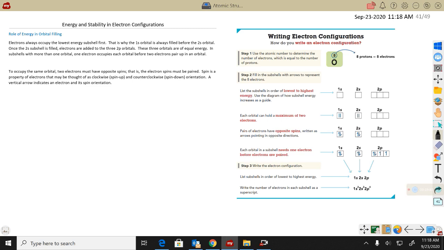If you've got subshells or energy levels where there's more than one orbital, 1 electron will occupy each orbital before pairing. So this is all referring to the p orbitals and d orbitals and these weird f orbitals. We fill them one at a time and then we pair if they're equal energy.